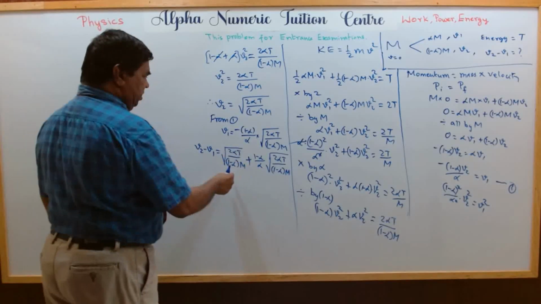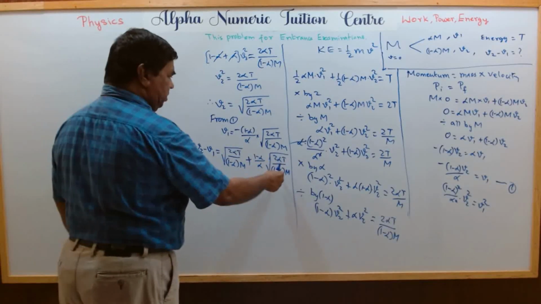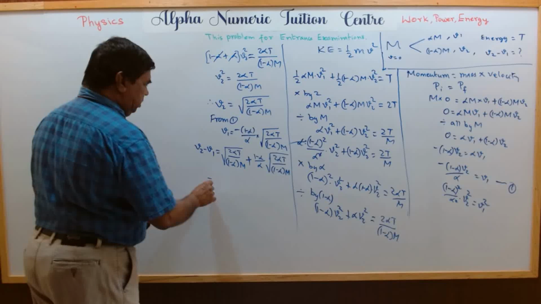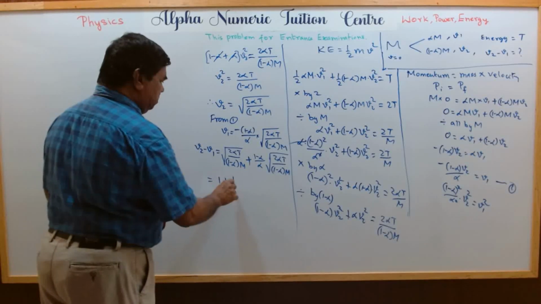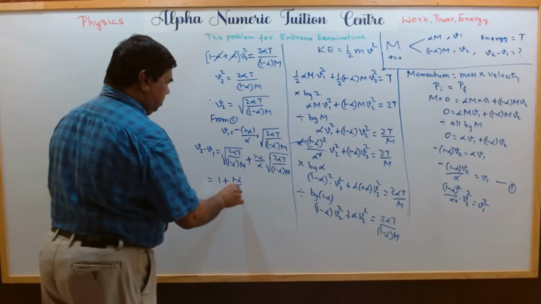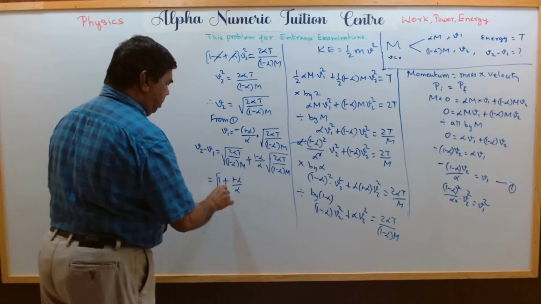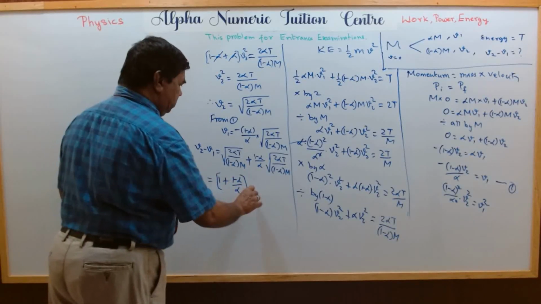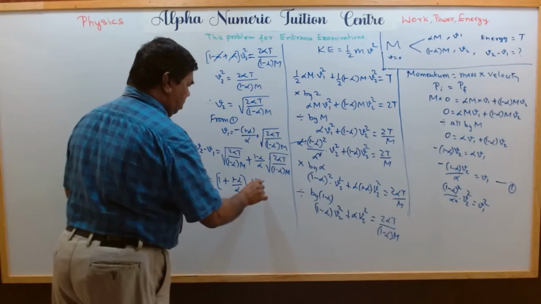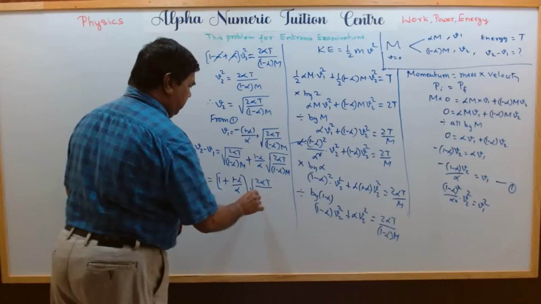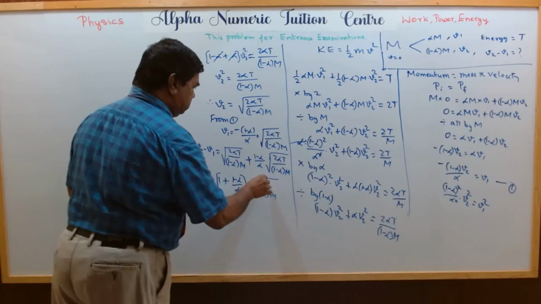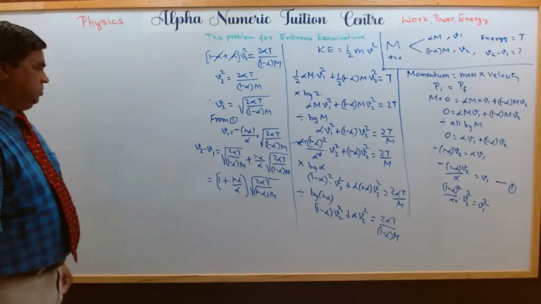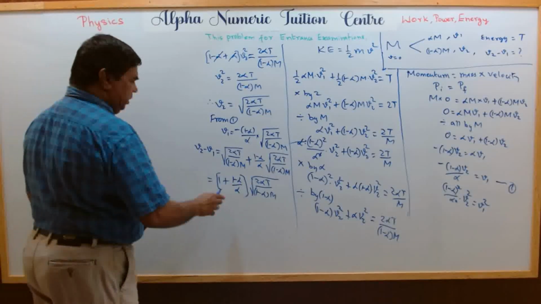Now this root of 2 alpha t by (1 minus alpha) m, you can take common. So the remaining will be 1 plus (1 minus alpha) by alpha. By taking this root of 2 alpha t divided by (1 minus alpha) into m as a common term.